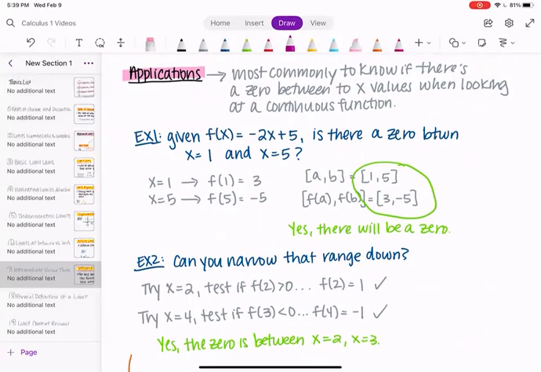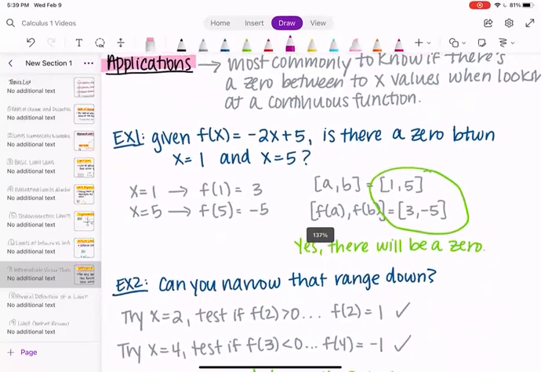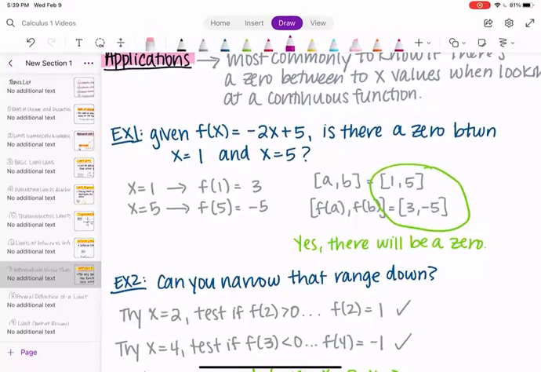I'm going to run through examples, and also a kind of interesting use of it. How useful is it to know that between two x values there's a 0? If I gave you some wide range like 3 and -5, in a real-world application, that might be worlds away. That's like asking, is there water between California and Europe?